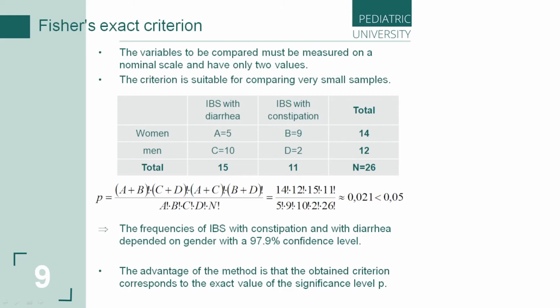It's also good and does not require such huge calculations. So when you have many samples and your software package can't calculate it, I recommend you use the Pearson chi-square criterion in this special situation.